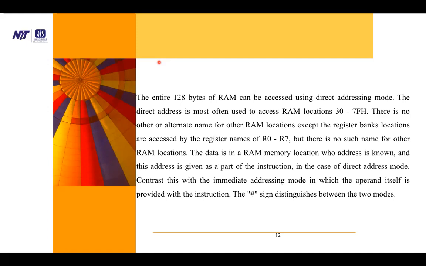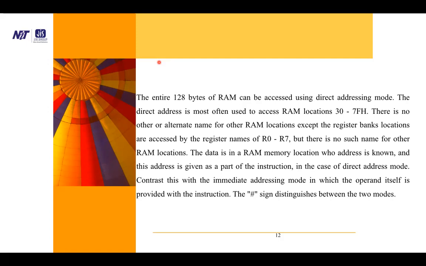There is no other or alternate name for other RAM locations except the register bank's locations, which are accessed by the register names R0 to R7. But there are no such names for other RAM locations.